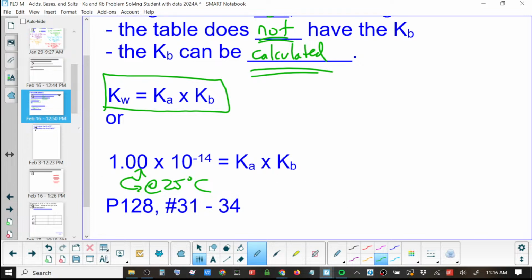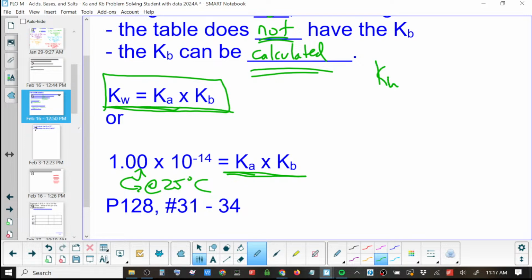Now we have a couple of things. Technically, I shouldn't even have to define that. This is something you kind of know or could figure out. This is just mathematically true.